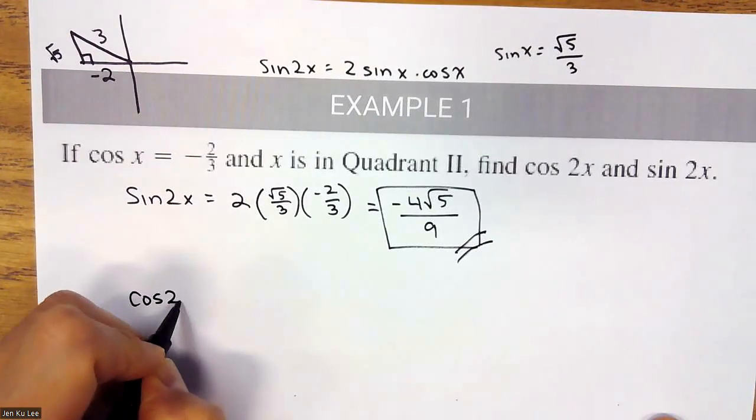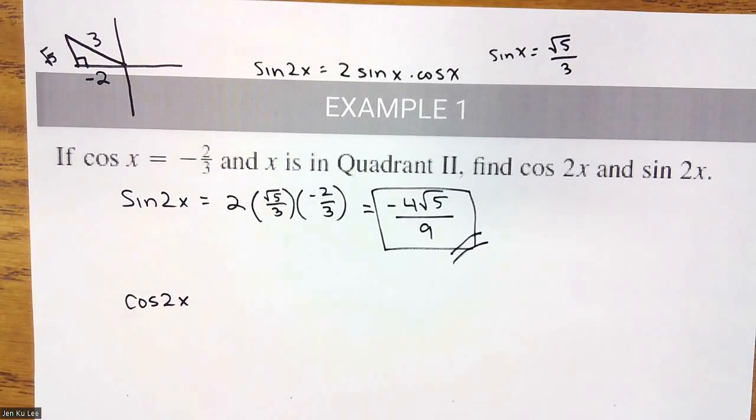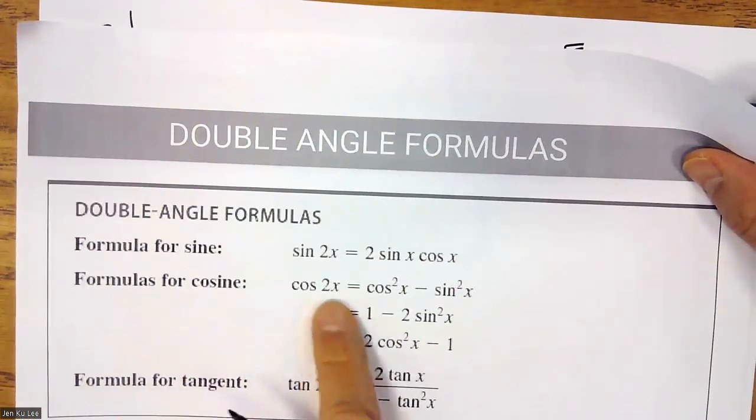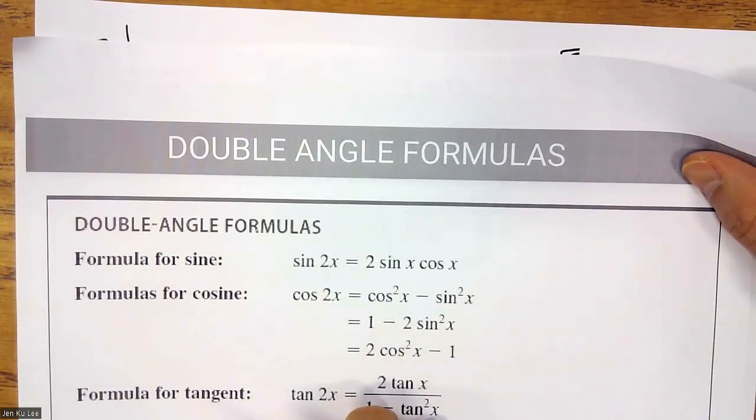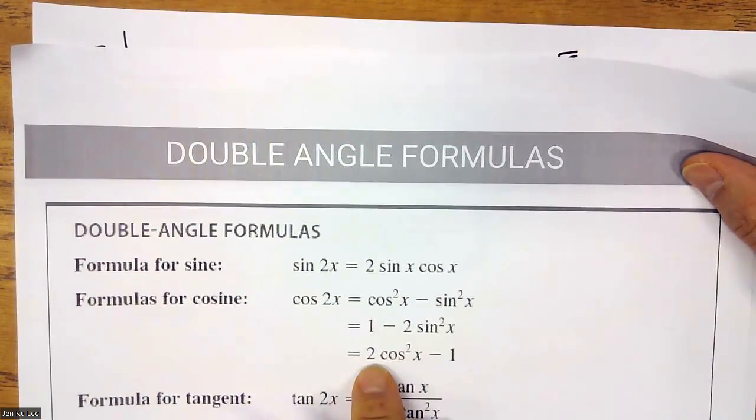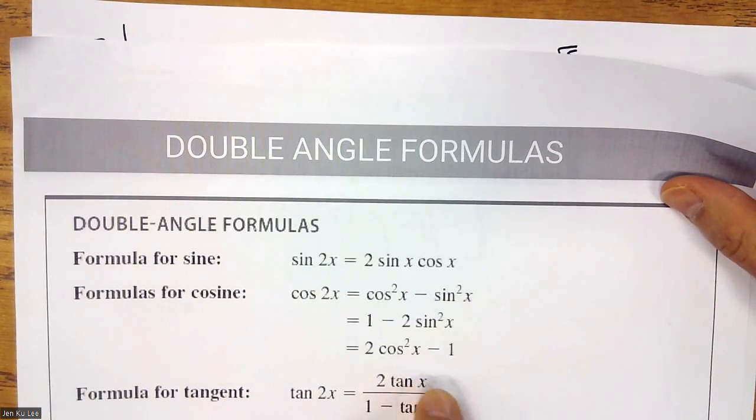For cosine of 2x, I'll show you the formula sheet. Here we have three basically of the same thing, right? They're all equal to cosine of 2x. Okay?